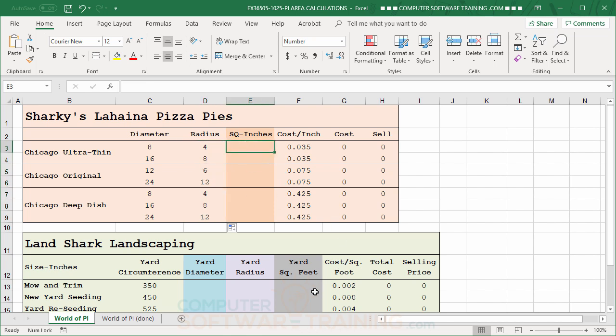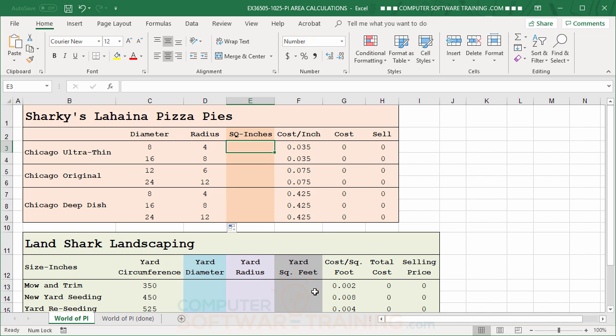Now for the actual calculation that will determine how many square inches we have here. Whether you're measuring inches, feet, yards, miles, meters, whatever it is, doesn't matter. It all works the same way for the formula.